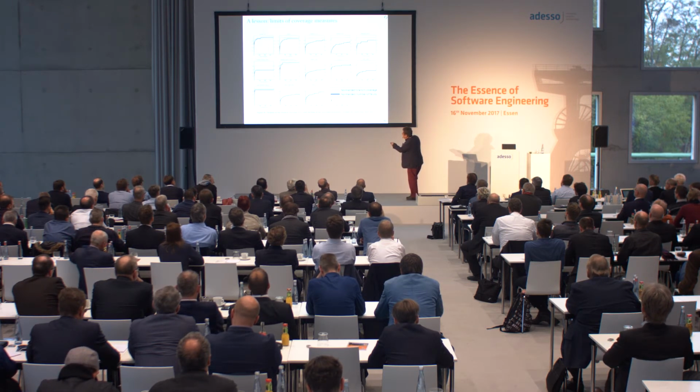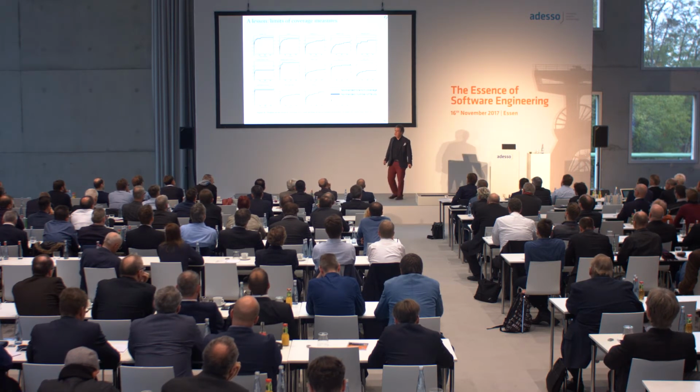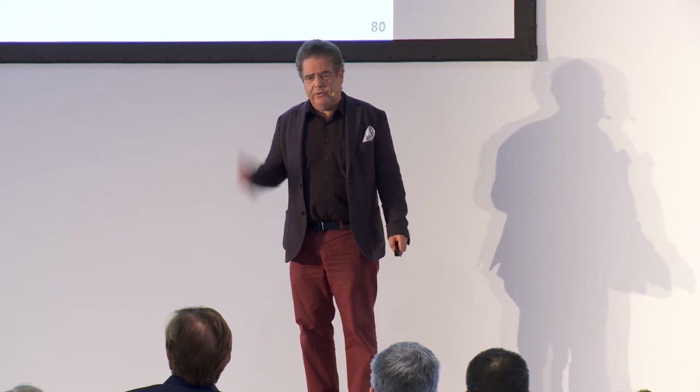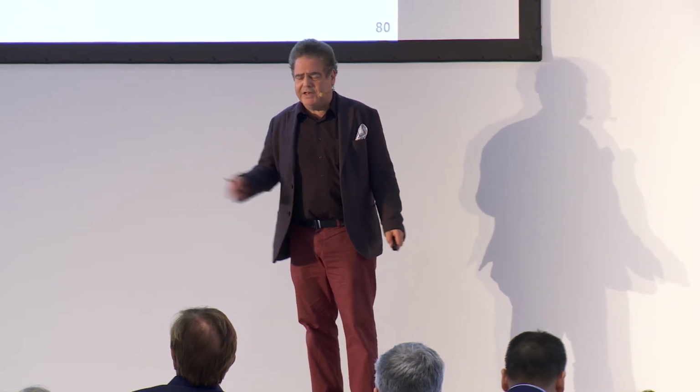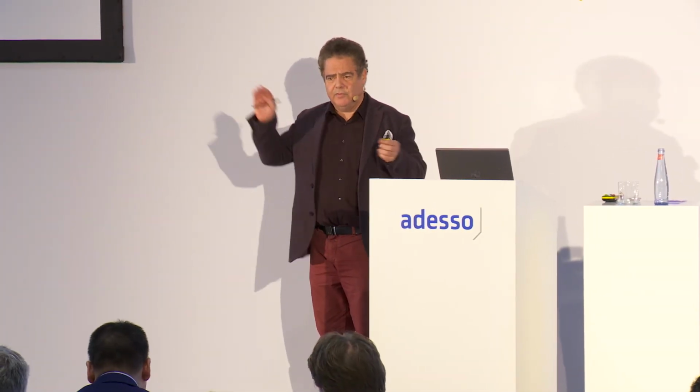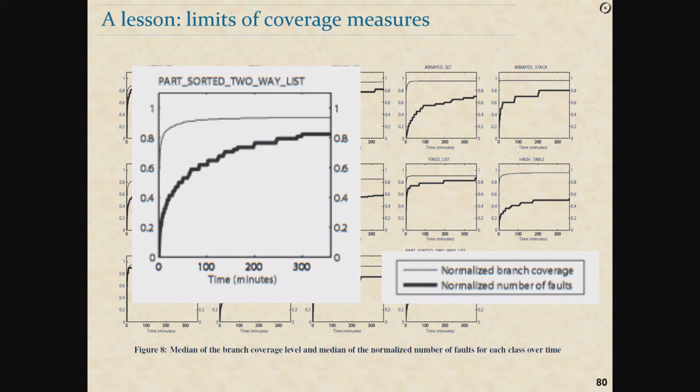And the thick line is, for example, the bugs found by AutoTest. And so what we see, and we reproduce it on many different classes, many different examples, is that if you're shipping at a certain level of branch coverage, you might be shipping here: 90%, or in this case, almost 100% branch coverage.